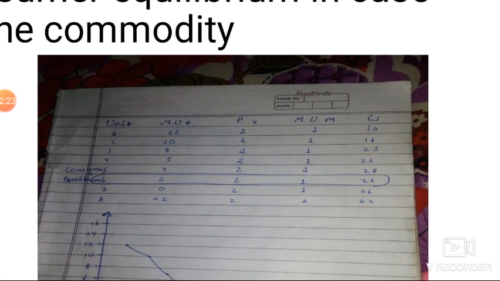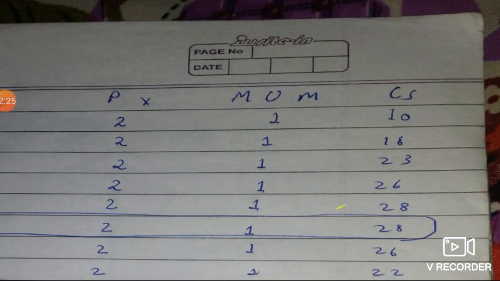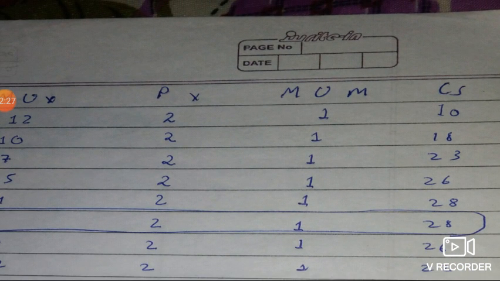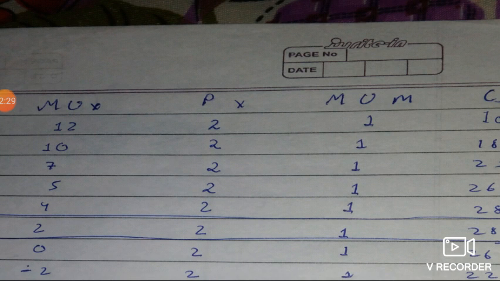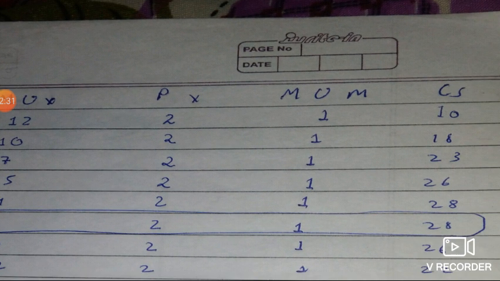Similarly, now you will see consumer surplus. What is the consumer surplus? The consumer is willing to give 12 rupees, but actually he has given 2 rupees, and the difference between what he has actually paid and what he is willing to pay is called consumer surplus. 12 minus 2 is equal to 10.